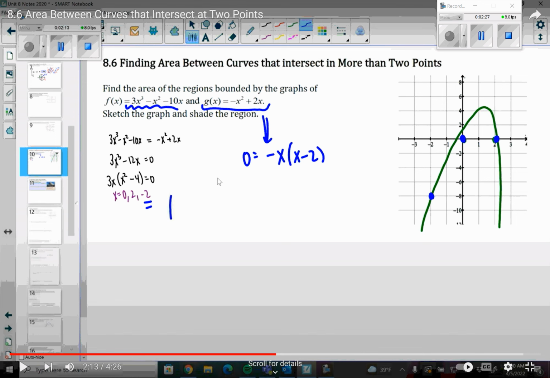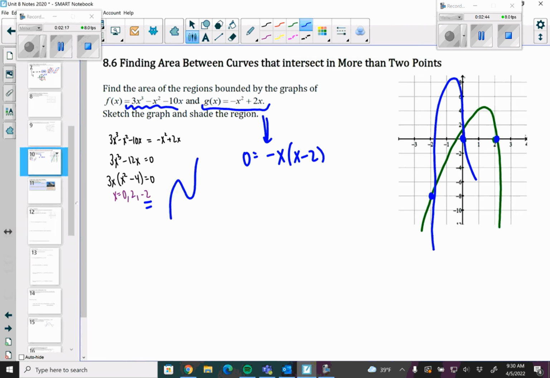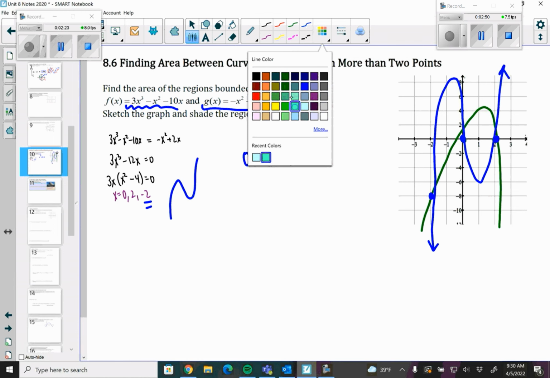They intersect, we already found this, at 0, at 2, and at negative 2. So I added those points to my curve. Because I know it's a cubic function that looks like it's rising, falling, and then rising, I can be pretty quickly sure that this is going to be my graph.